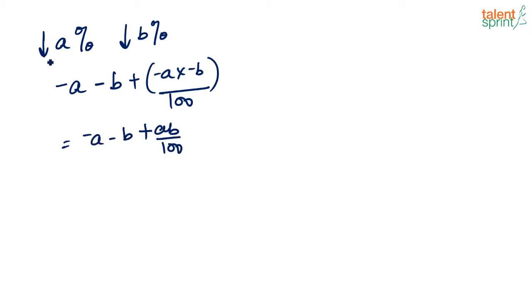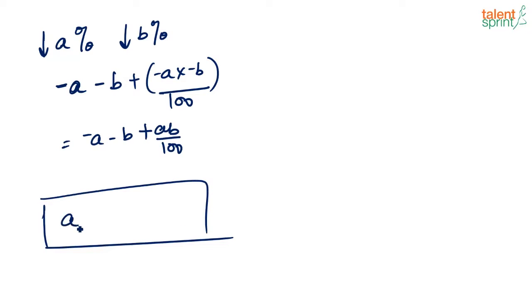Whenever there is a decrease in percentage, put a negative in front of that value and then do the same. The formula is always the same, A plus B plus AB by 100. This is the formula for effective percentage. If there is an increase, it is plus A and plus B. If there is a decrease, put minus A and minus B.